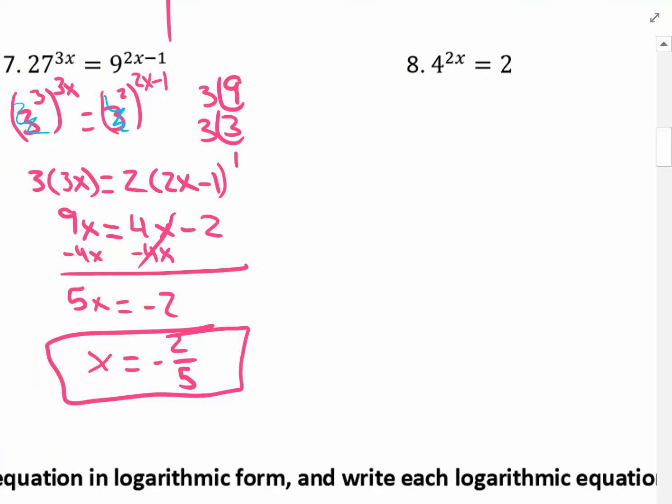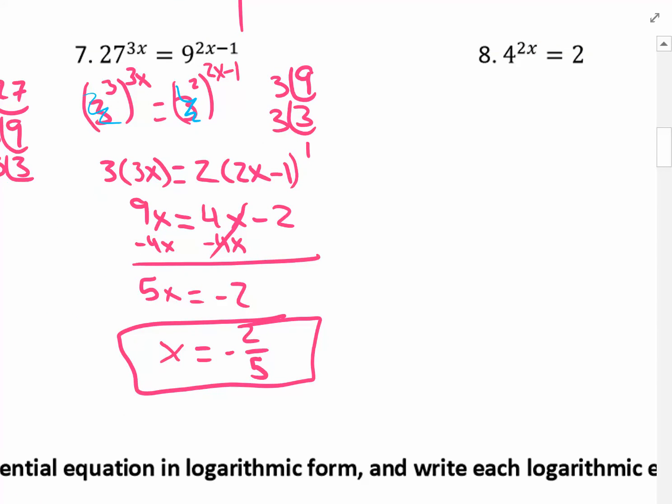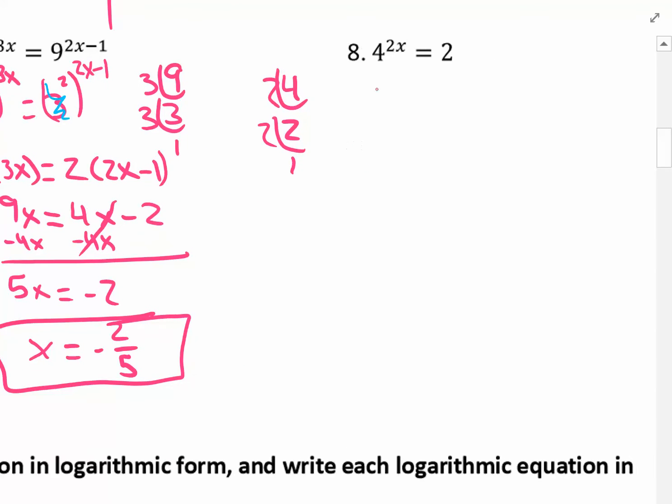Last one of these. We hedge the 4 and the 2. So that means 4 is 2 squared. Don't forget the exponent. And the other side, you can't even really hedge 2. You just write 2 and don't forget the exponent. What's the invisible exponent right there? 1.